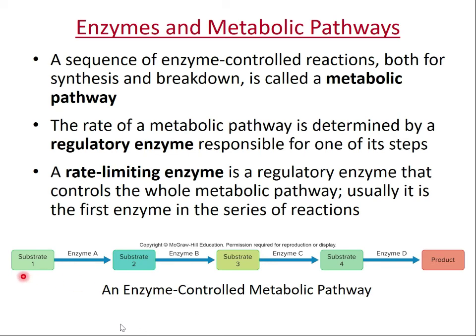In this process, one of those enzymes might be at low levels or low speed, and that will be the rate-limiting enzyme that regulates how this reaction will occur. Usually, the first enzyme of a series of reactions will be the rate-limiting enzyme. That will also ensure that the reaction will not just occur halfway and stop there, but once it starts happening, everything else will happen downstream of that.